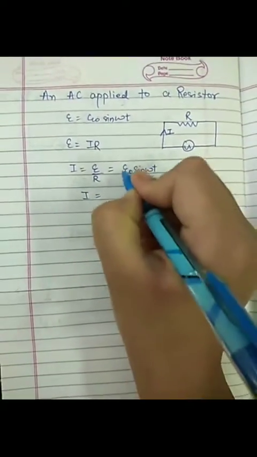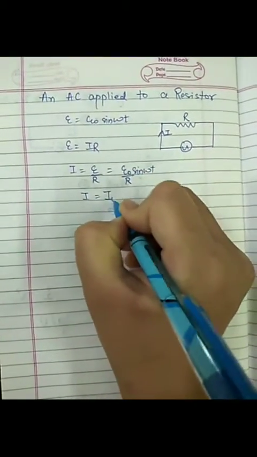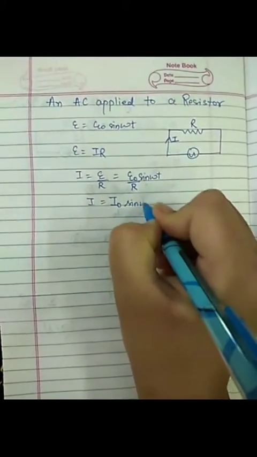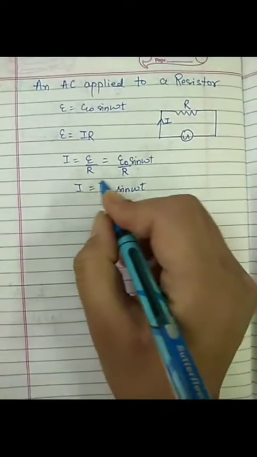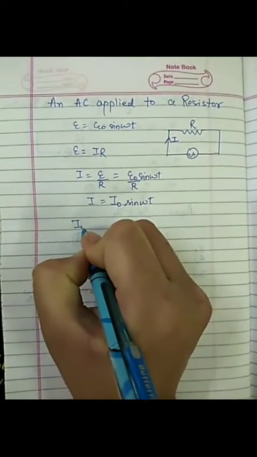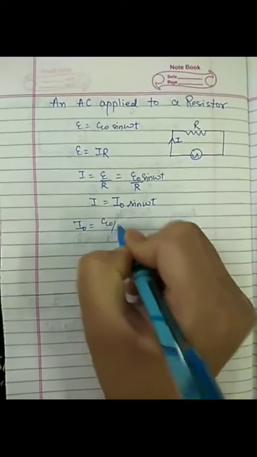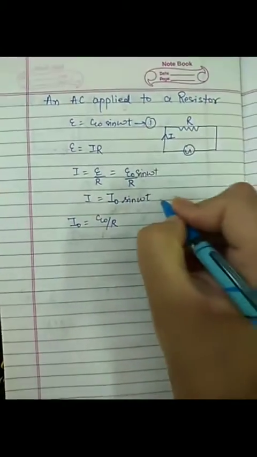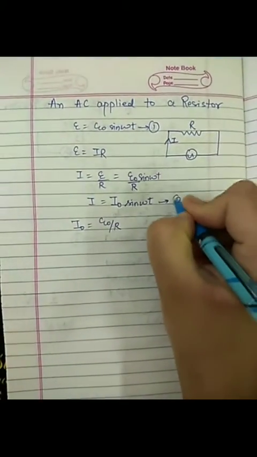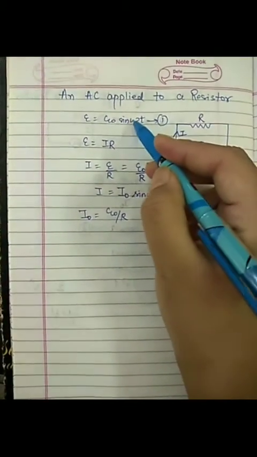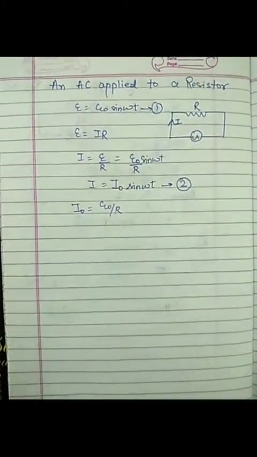Now epsilon naught upon R can be written as I naught, so I will be equal to I naught sine omega t, where I naught is called the peak value of the current. Now comparing equation 1 and equation 2, we can see that the current is always in phase with the applied voltage.